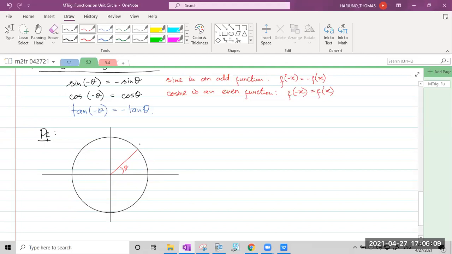Now we know that the coordinate here must be cosine theta, sine theta, right? That's something we learned earlier. Now, what happens if we go negative theta? Well, basically the angle will be the same magnitude, but in the opposite direction.